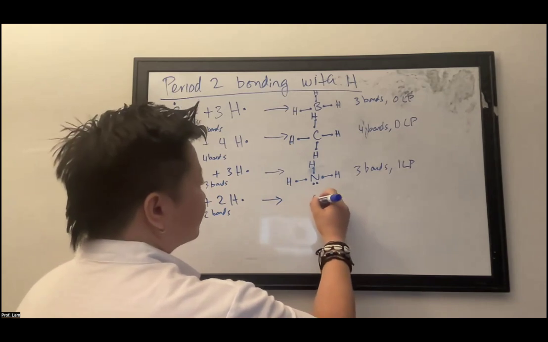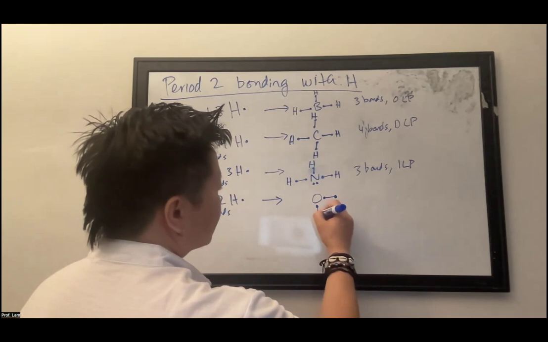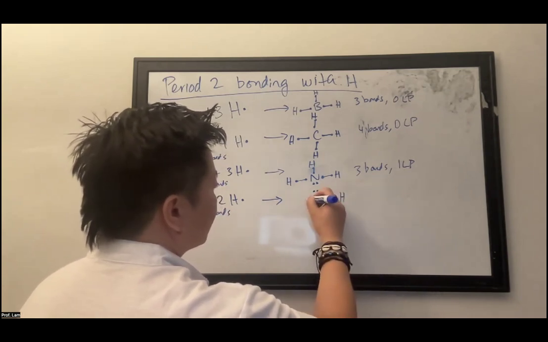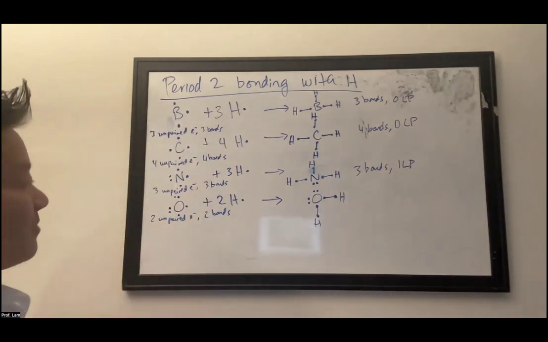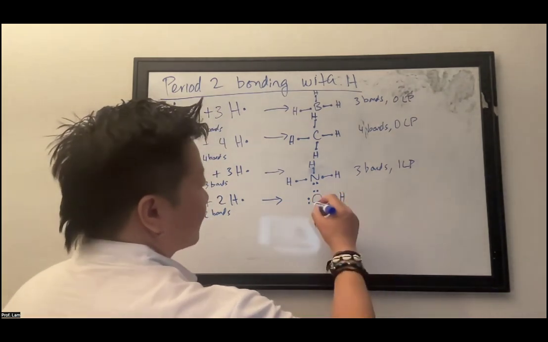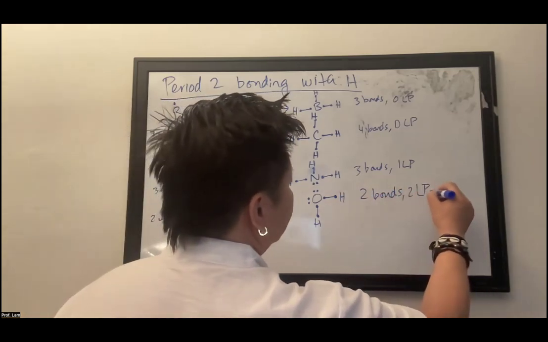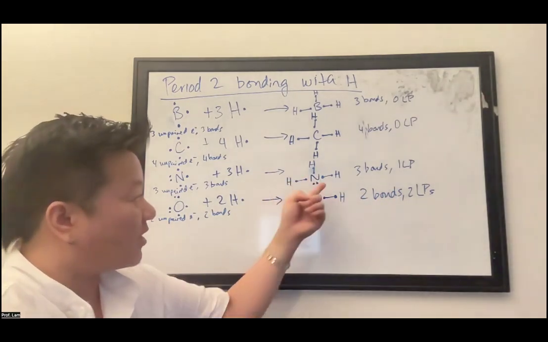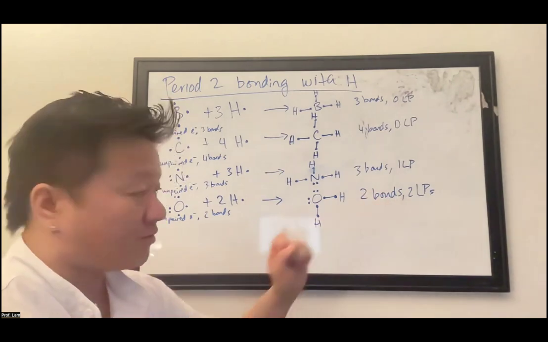So what do we see? That's where the hydrogens are going to come in. So here we have 2 bonds and 2 lone pairs. So notice nitrogen will want 3 hydrogens around it. The oxygen just wants 2. And it has 2 lone pairs.